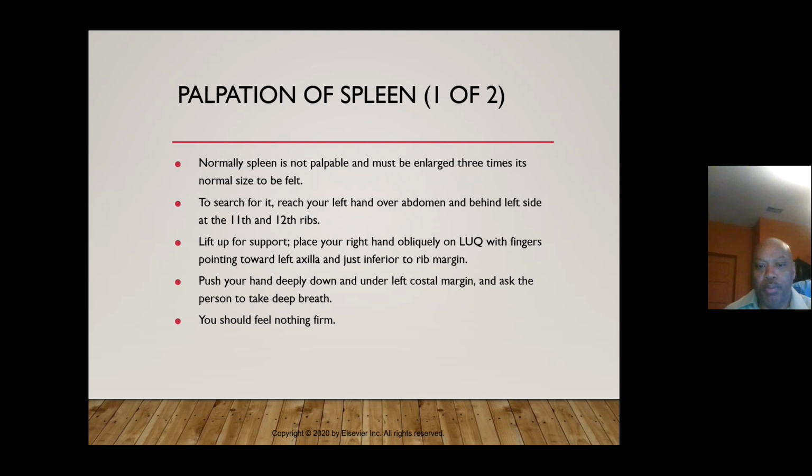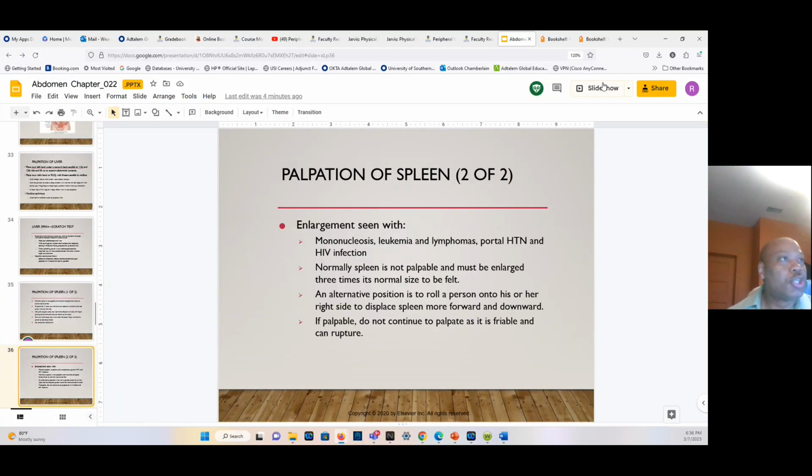Then you push your hand deeply down and under the left costal margin or rib, and ask the person to take a deep breath. And you should feel nothing that is firm. And let me show you.